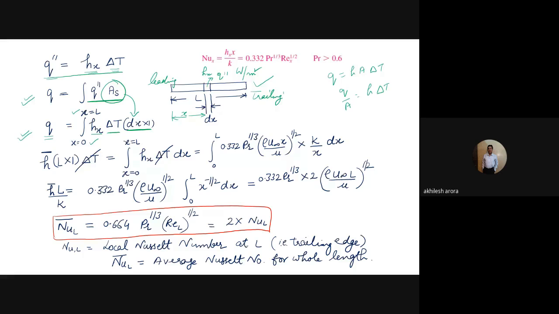The other way is, if I have a value of the average heat transfer coefficient available, I can multiply it by the total area, L into 1, multiplied by delta T.